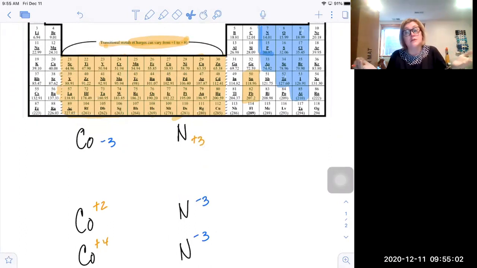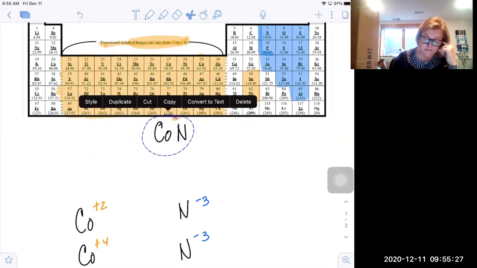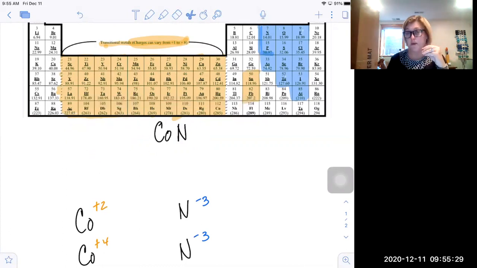But when the charges are direct opposites of one another, meaning a +2 and a -2, they cancel. Just like in this case, you have a +3 and a -3. They cancel, so we get rid of them. They just go away, and the formula gets mushed together. Capital C, lowercase o, that's important, and then uppercase N. So CoN is the formula.